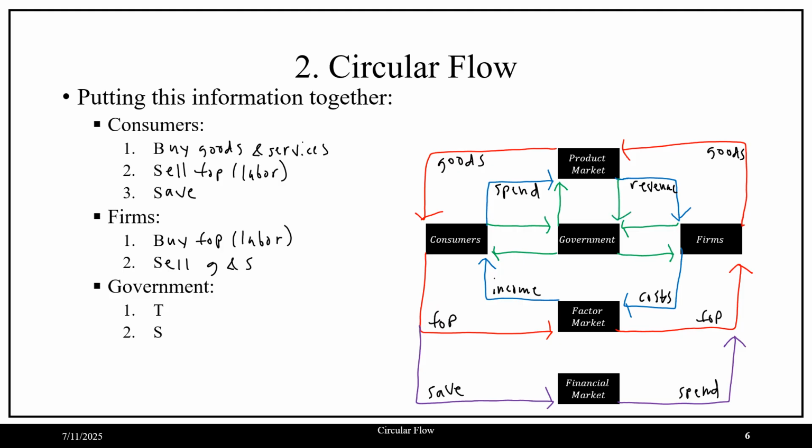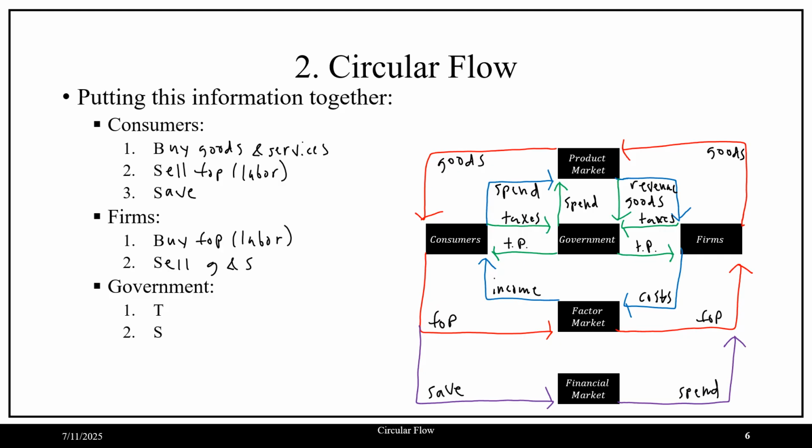So what we said is that governments collect taxes from consumers. They can help us out from time to time in the form of transfer payments, or with the taxes that they have collected, they can also choose to spend on goods and services, where they will receive those very same goods and services.